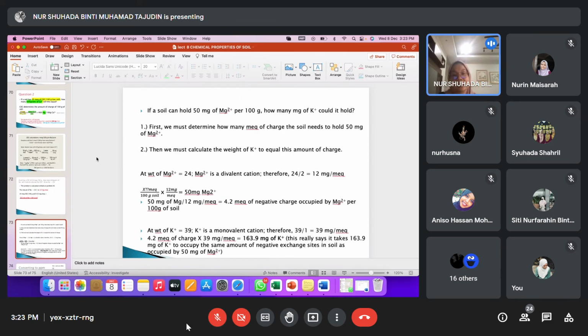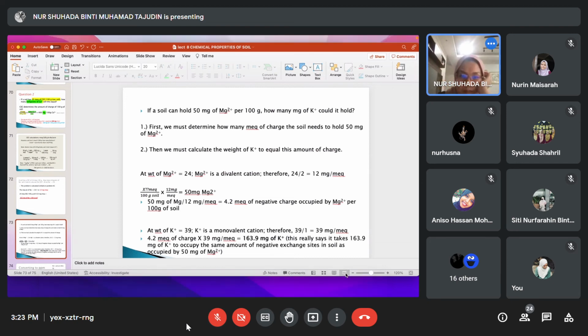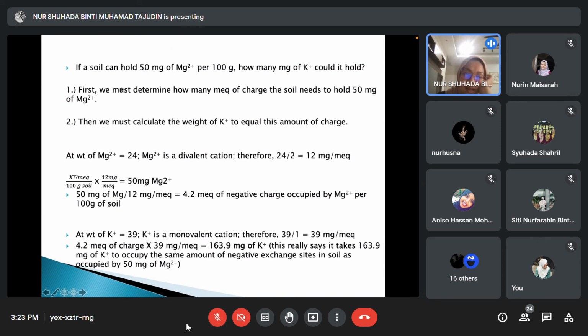So this is the question. It's a bit confusing. A soil can hold 50 mg of magnesium per 100 gram of soil. Meaning it is reversed. Just now I gave you the MEQ value, now I give you the value of the mg. So we don't know what the MEQ of the soil is. How many mg of K?